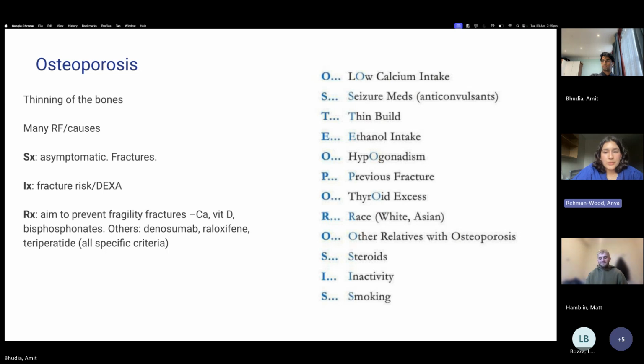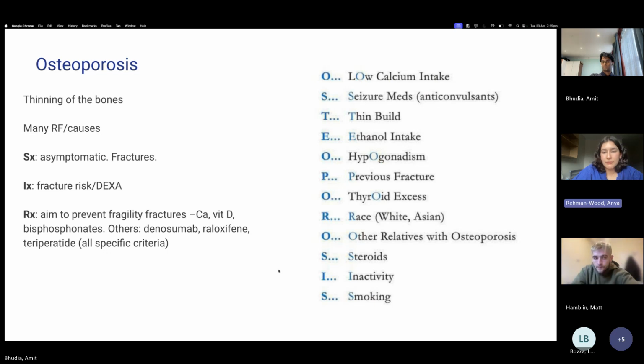So we've already spoken about osteoporosis a bit, and there's another not particularly useful acronym inside here. Essentially, it's just thinning of the bones, and there are tons of risk factors. It's worth being aware of the main ones, and some of the drugs that can worsen bone density. So there's not really symptoms.